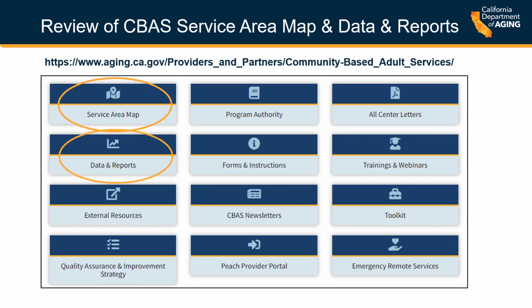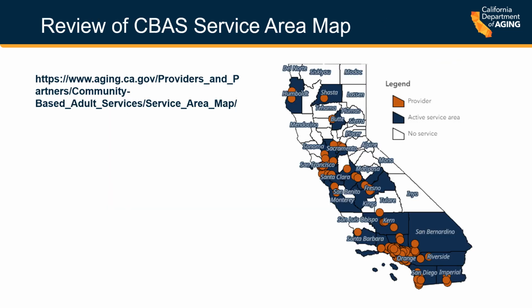To find information about existing CBAS providers, please visit the CBAS homepage. Let's take a look at these two circled links, the service area map and the data and reports. Here is the CBAS service area map. The information on this page could be helpful when you are deciding where to open your future ADHC/CBAS center and where such services might be needed.